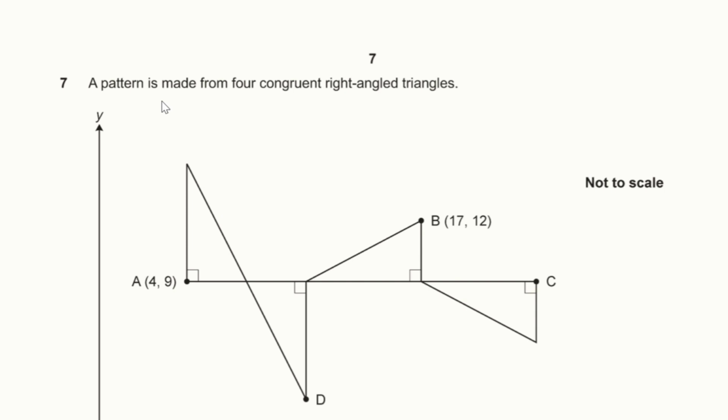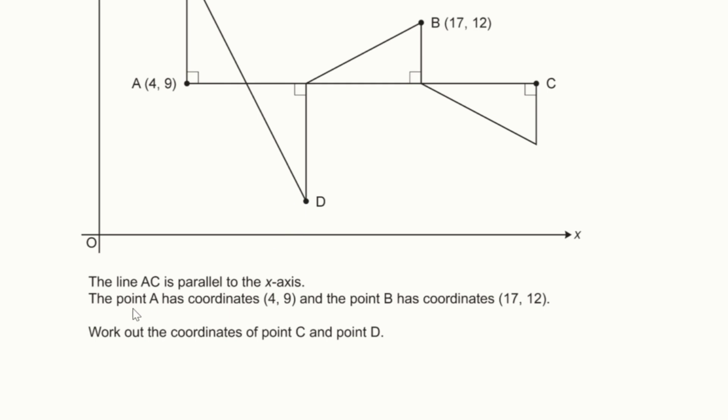Question number 7. A pattern is made from 4 congruent right angle triangles. Well, all this means is that all the right angle triangles we see here are the same. The line AC is parallel to the x-axis, and the point A has coordinates (4, 9), and the point B has coordinates (17, 12).